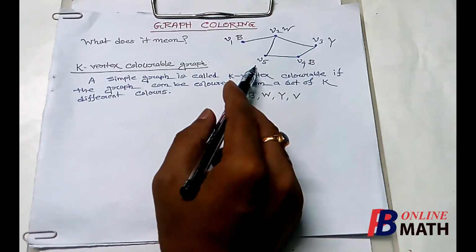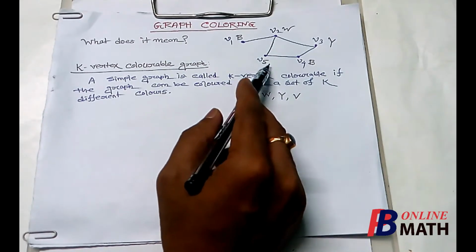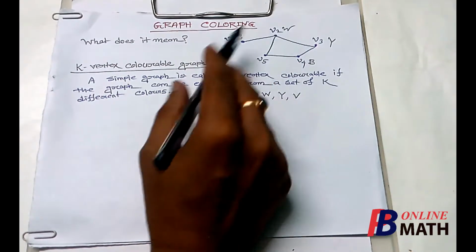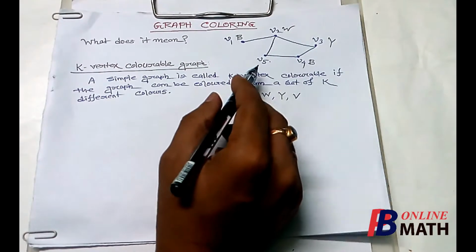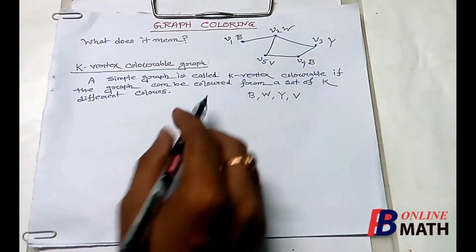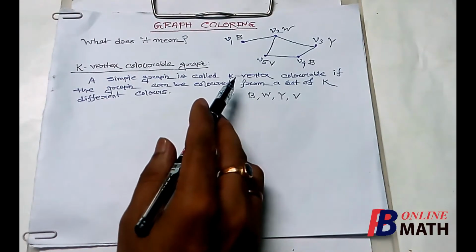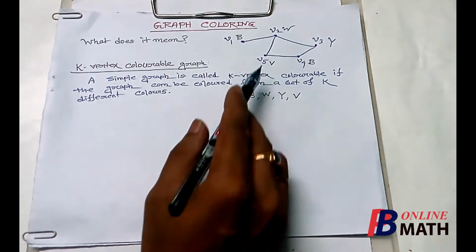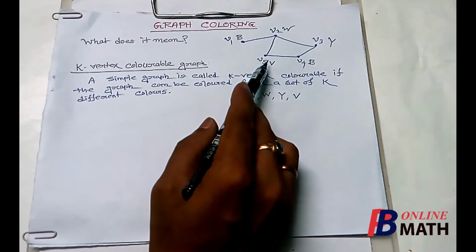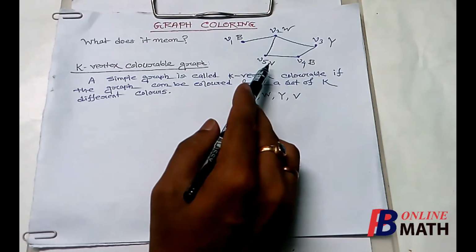So we have to assign a different color to V5, any color other than blue and white. Suppose we assign violet color to V5. So now we have colored this graph with 4 different colors, and this graph will be called a 4 vertex colorable graph.